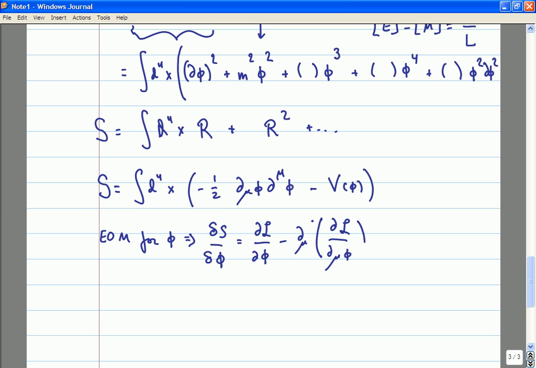What is that? Well, we have minus V prime of phi from the first term minus d mu of the derivative of this kinetic term with respect to d mu phi. So we get a minus 1/2 from that coefficient out front, and then we have the derivative of something of the square of d mu phi. So we have 2 d mu phi coming from the derivative.